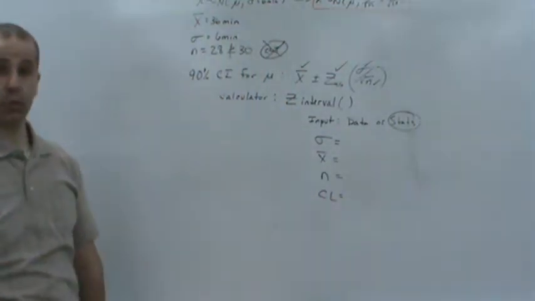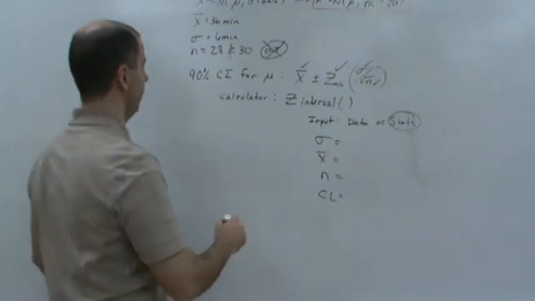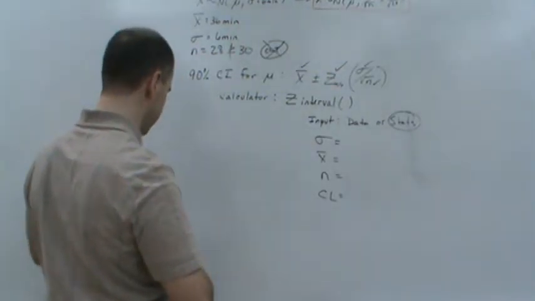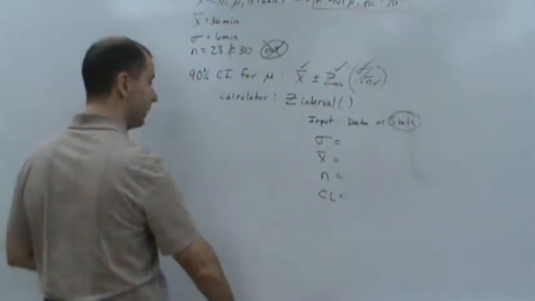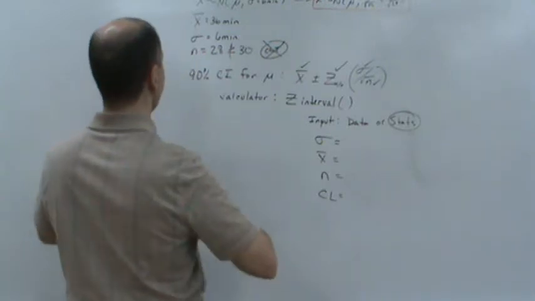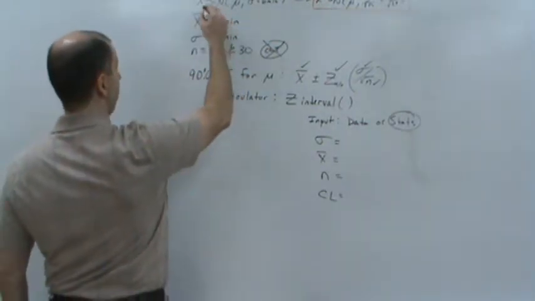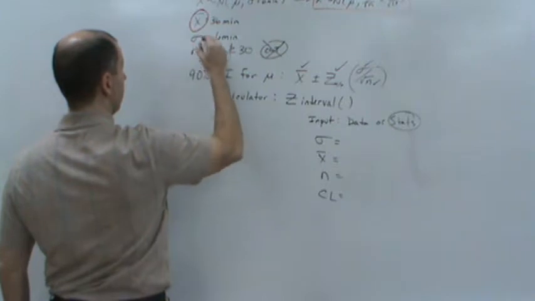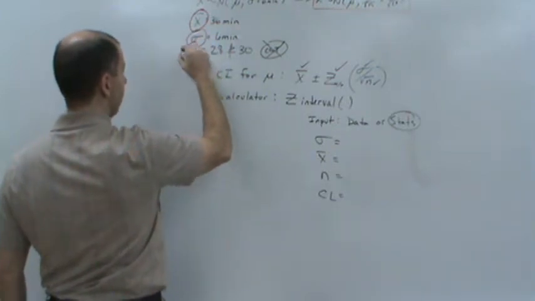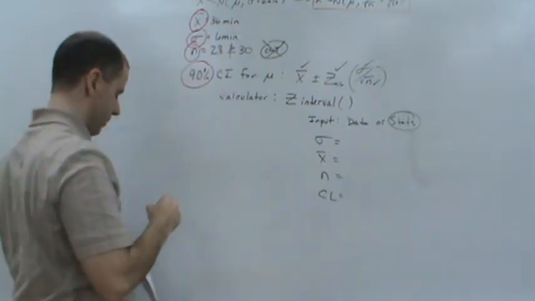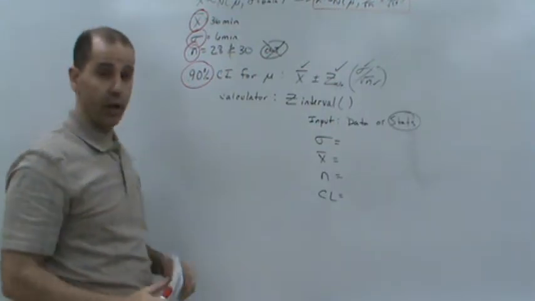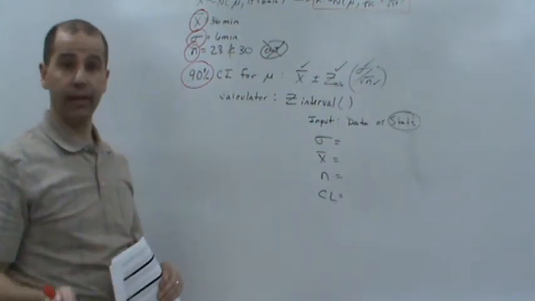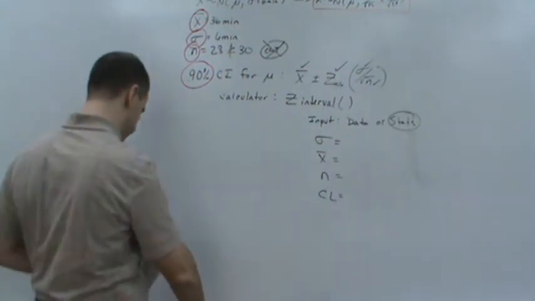So all you have to do is plug that information in. And guess what? That's what the problem gave us. So at the very beginning, the problem gave us X bar, sigma, N, and the confidence level. So all you have to do is just plug it into the calculator, hit calculate, and you're done.